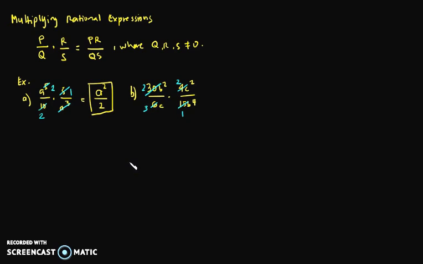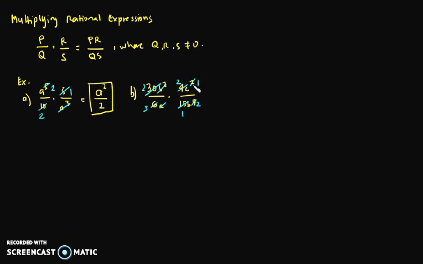How about the variables? We have b squared and b to the 4th, so we simply cancel b squared, and the exponent 4 will become 2. For c, let's cancel c, and this will become 1.